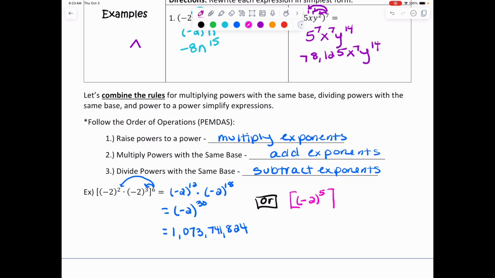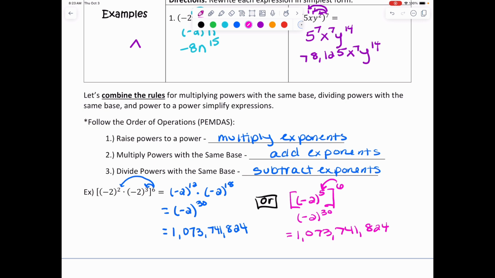But then keep those brackets and I still have to raise it to the 6th power, which is where we would then multiply these and get negative 2 to the 30th, which means we're going to get the same value we did before. So that is an option as well that you might see me use often, because a lot of times I try to simplify parentheses first before I do anything else.